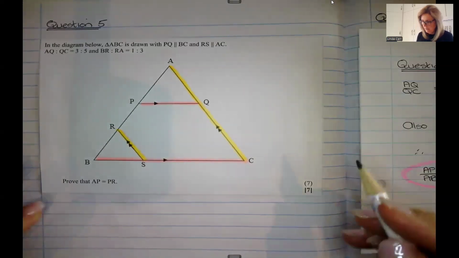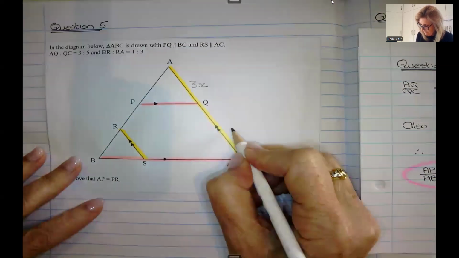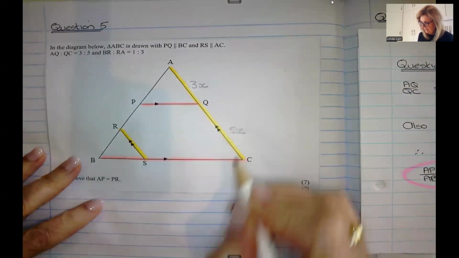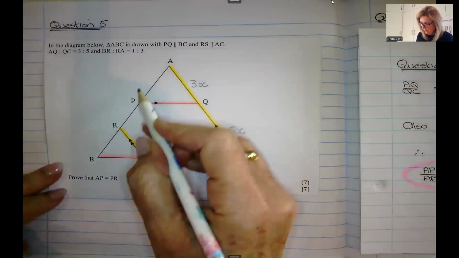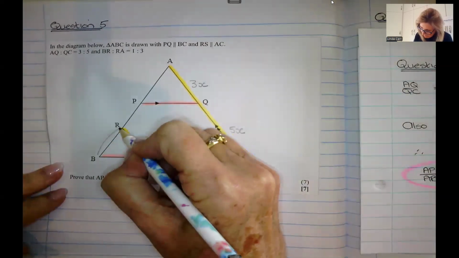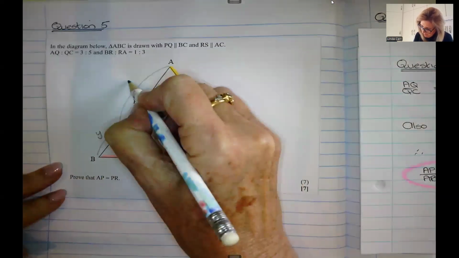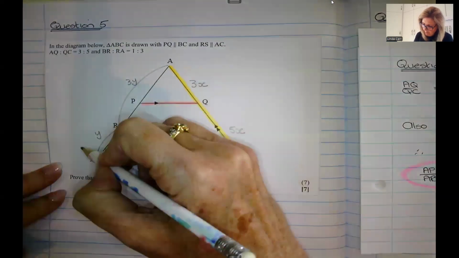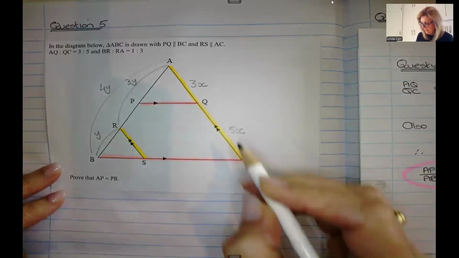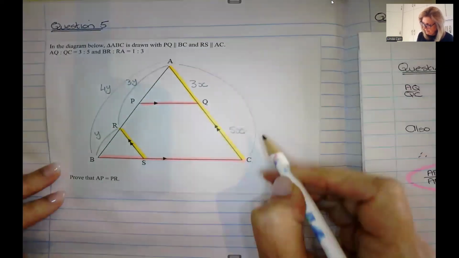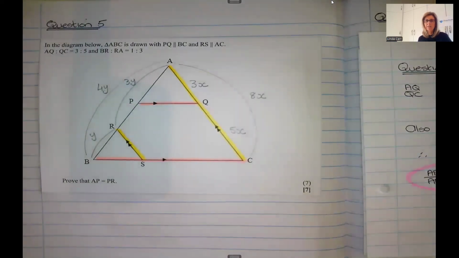AQ to QC is 3:5, and BR to RA is 1:3. So I'm going to make that a y, and that's going to be a 3y. So that means this whole side is 4y, and it means that this whole side is 8x, should I need any of that.